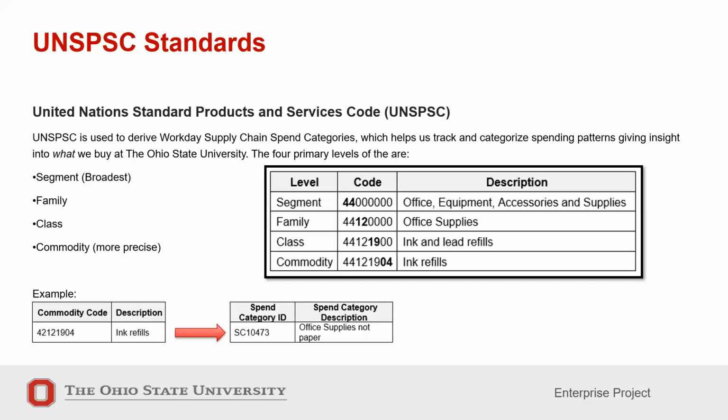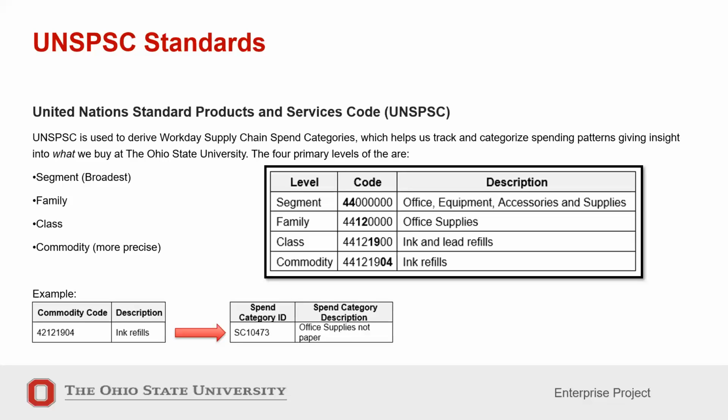There is additional training material being created around UNSPSC, so you will get more information on that. But you actually can use that spend category FDM values report, and there is a column in there that does reference UNSPSC codes to be able to see that connection. But we just wanted to give you an example.